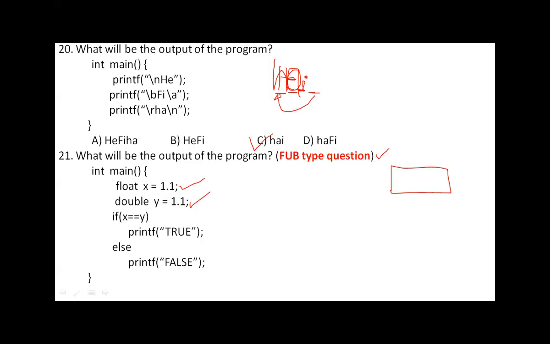Internally, when 1.1 is stored, it will be stored up to 6 decimal places in x and up to 14 decimal places in y. When you compare these two, obviously they are not equal, so the condition becomes false. That's why control goes to the else part and prints false, and you should type false in your text box.